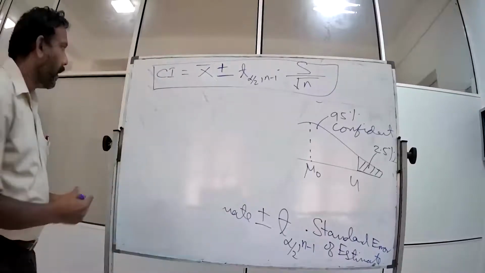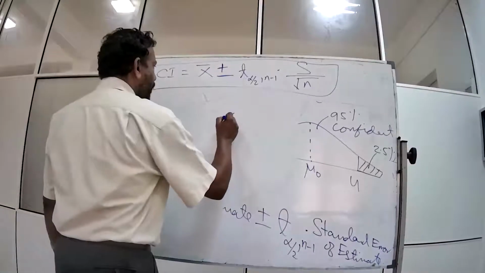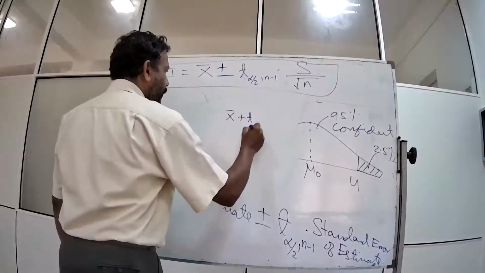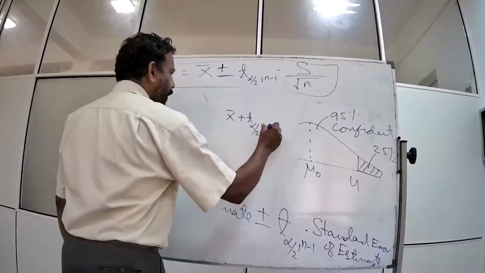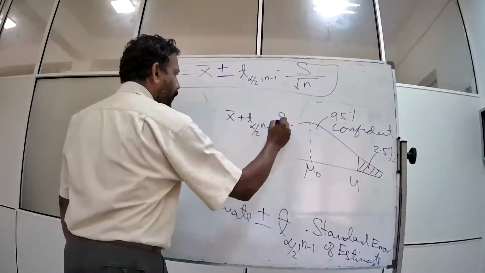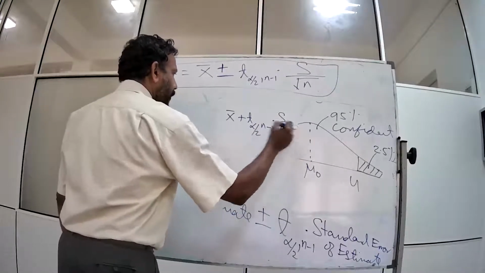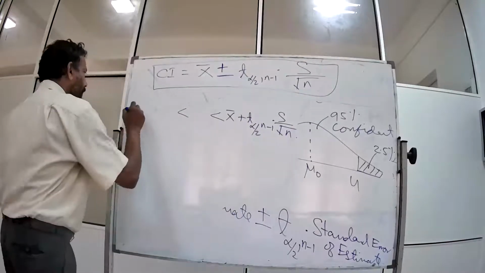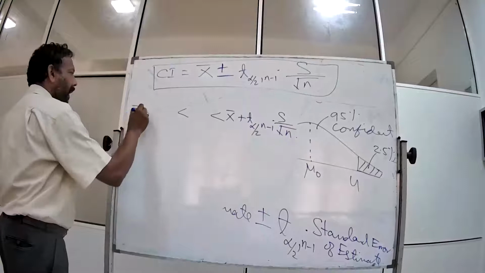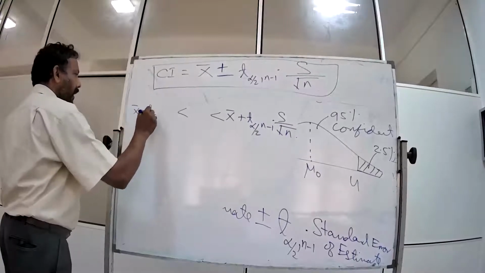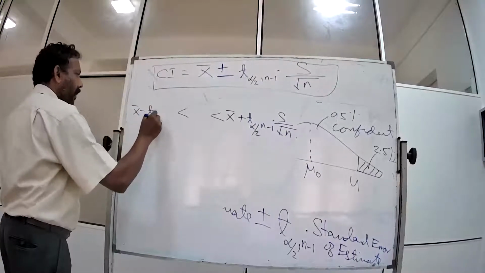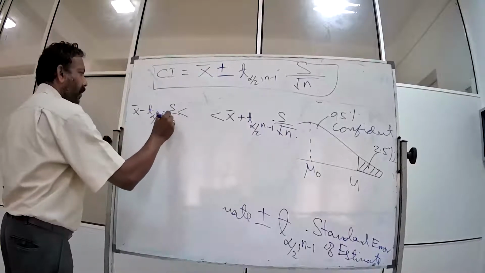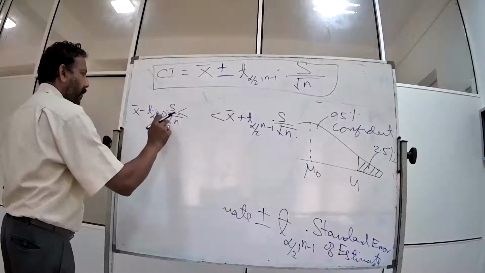The upper limit is x bar plus t alpha by 2, n minus 1, into s divided by square root of n. The lower limit is x bar minus t alpha by 2, n minus 1, into s over square root of n.